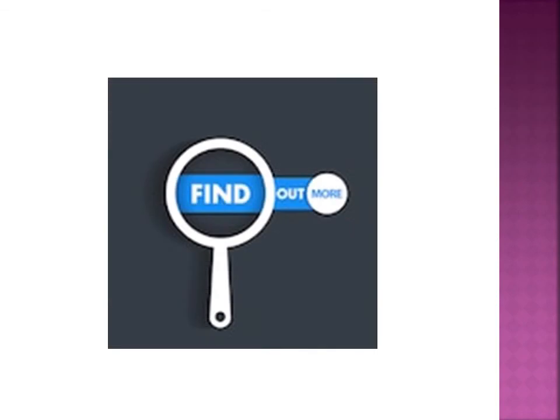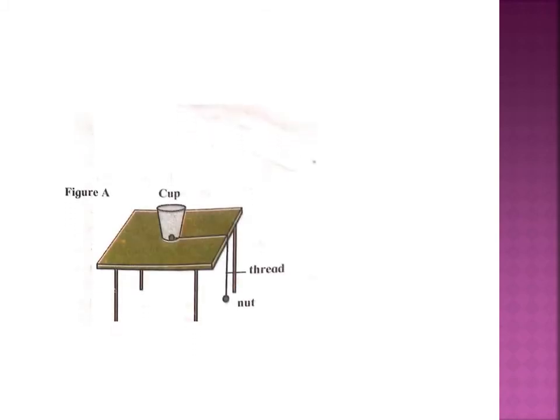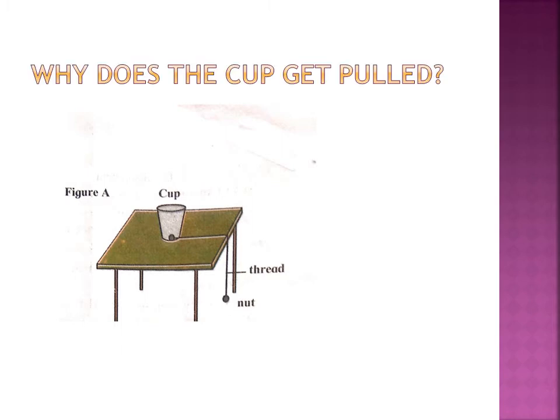By trying an experiment, we will find out more about positive, negative, and zero work done. In figure A, we can see the cup is put on the table. The two ends of the thread are tied to two nuts. One nut is in the cup and the other nut is hanging freely along the side of the table. Now we have to find out, why does the cup get pulled?